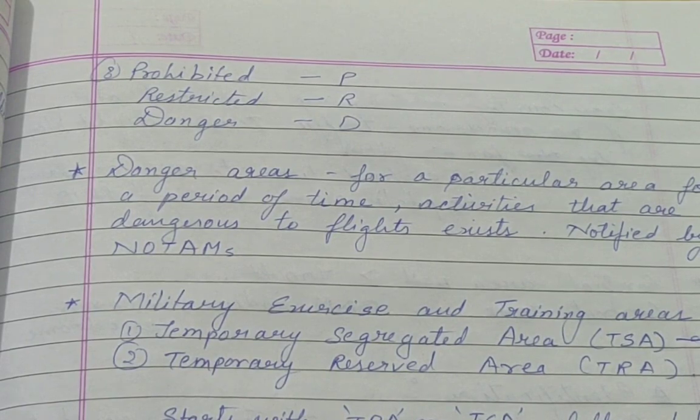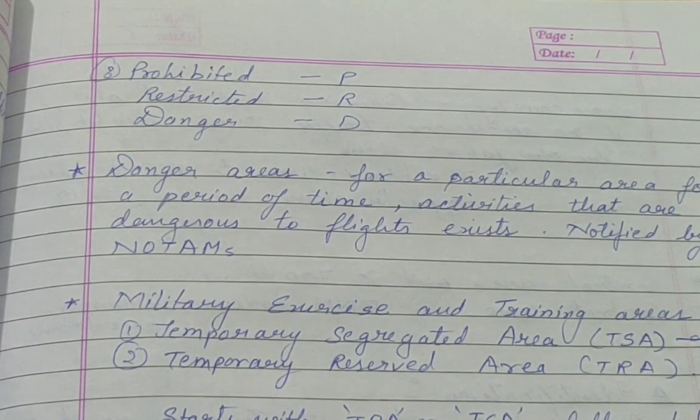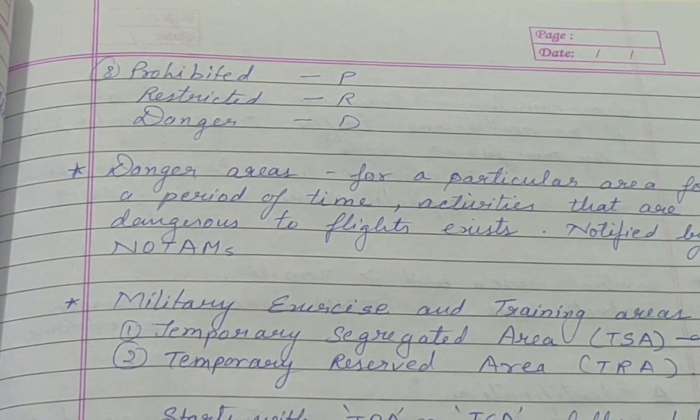This is due to the fact that maybe military exercises or camps are there in that place, and that is for international security. That is why aircraft are not allowed to enter that area.